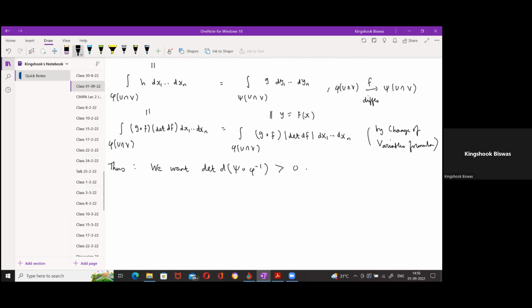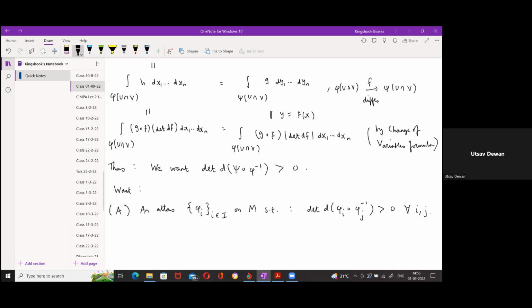So what we want, therefore, an atlas of charts phi i on M such that the determinant of D of phi i composed phi j inverse, this is positive for all i, j. Is this clear?